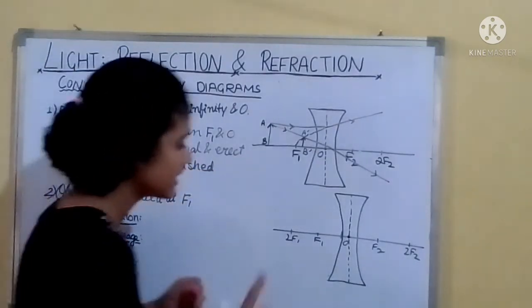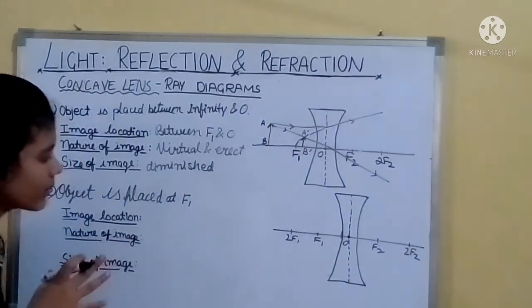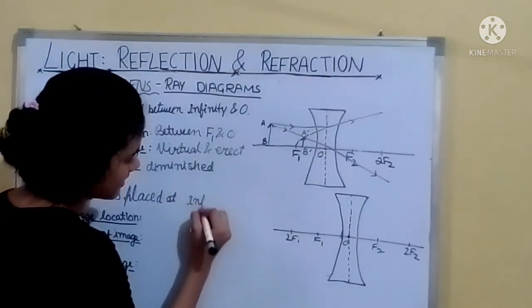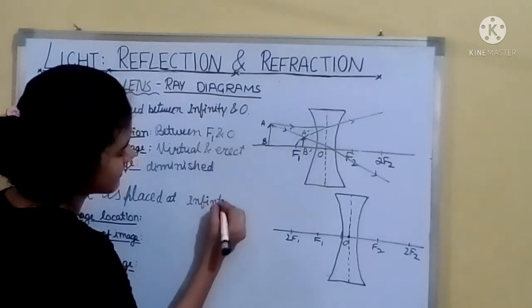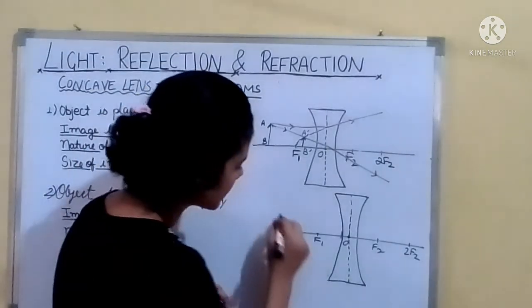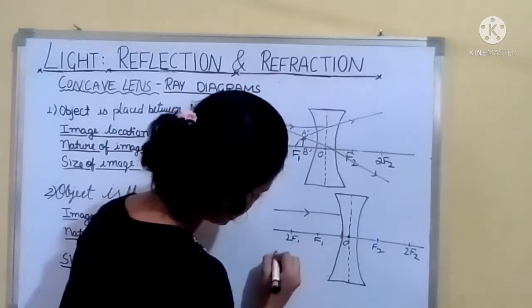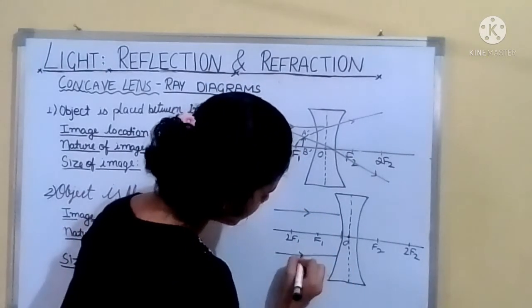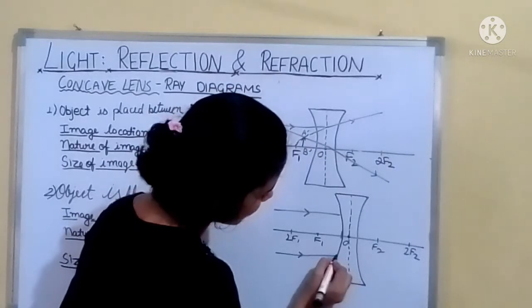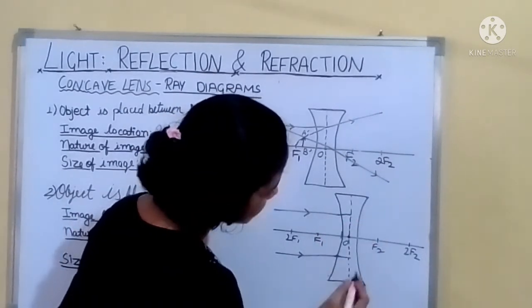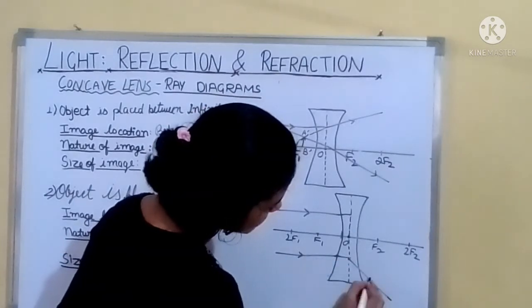Then the next one says that the object is placed at infinity. So the parallel rays will come like this, and they will get diverged. Means they will come till here and then get diverged.